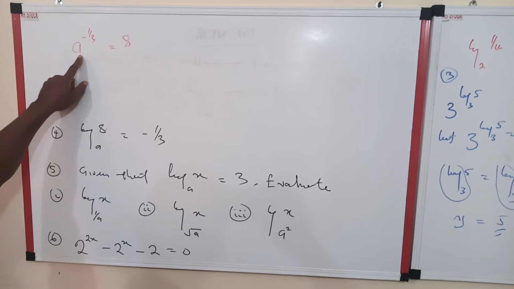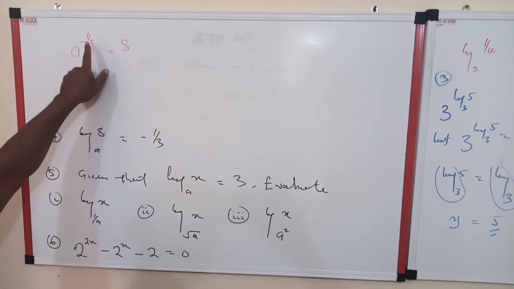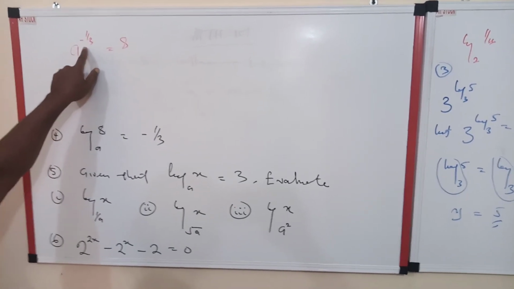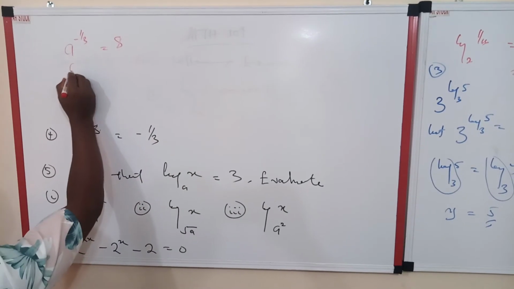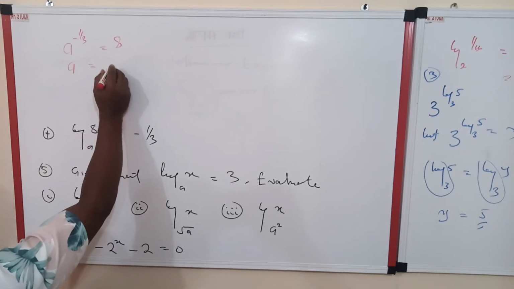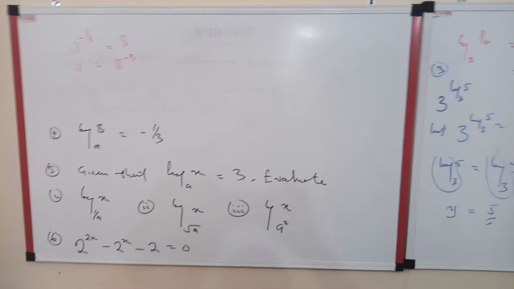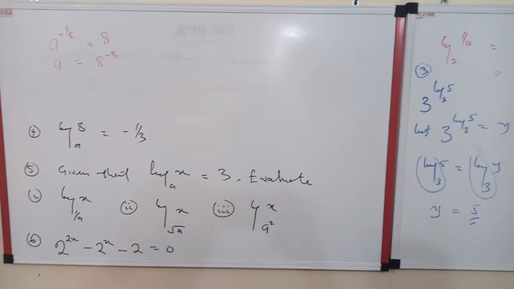In doing so, we are going to multiply the power by -3. Once we multiply the power by -3, this thing will go off. It will be 1 here, and here we will have -3. So for A, by introducing -3 to the power, we are going to have 8 to the power -3. Now from there it is also straightforward.